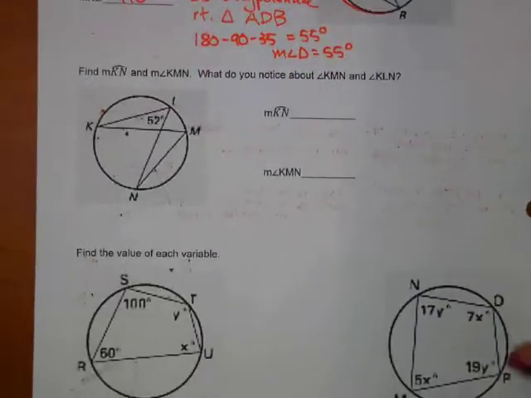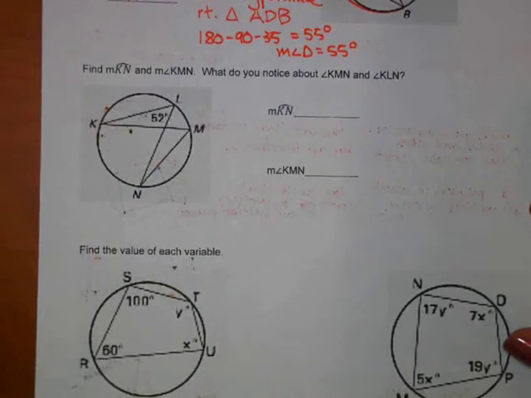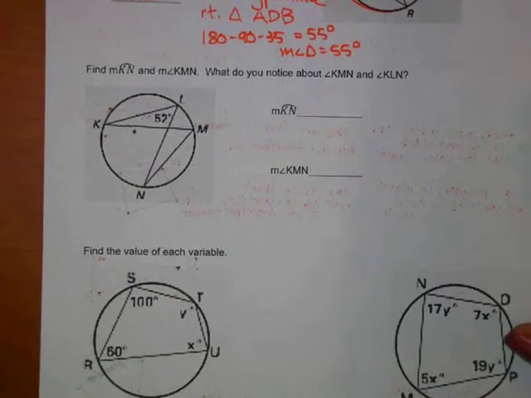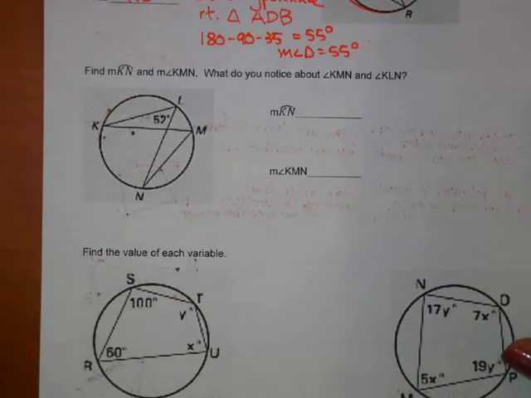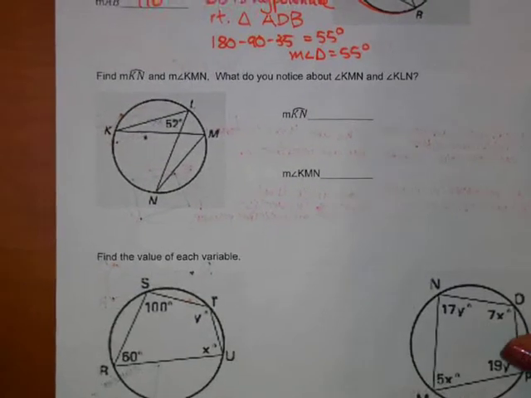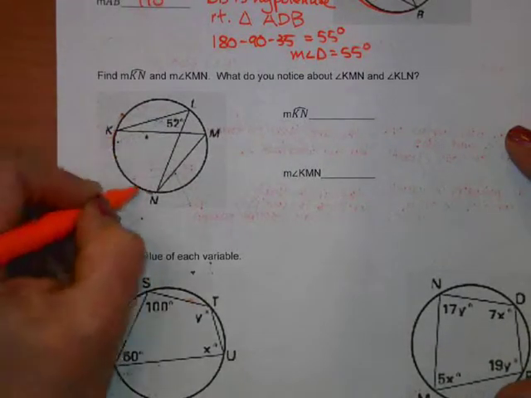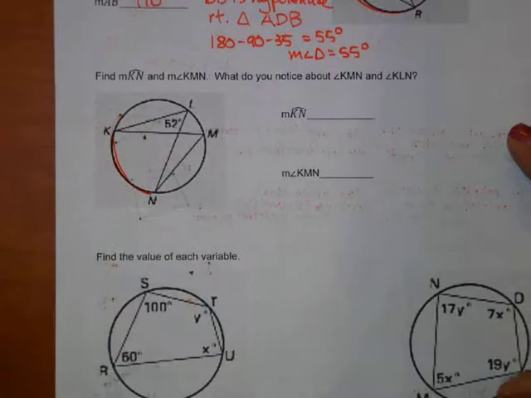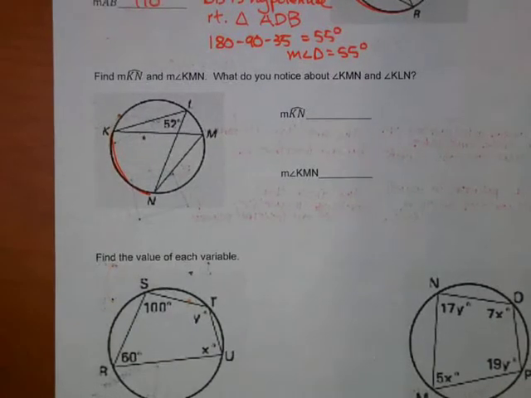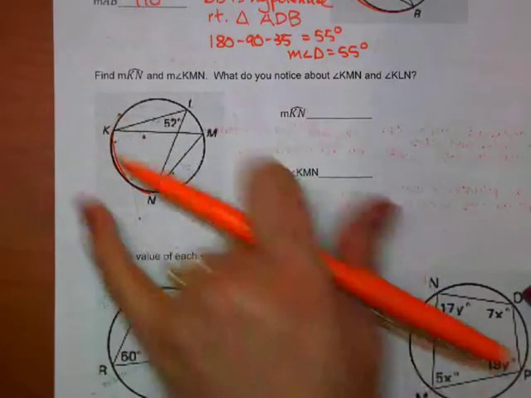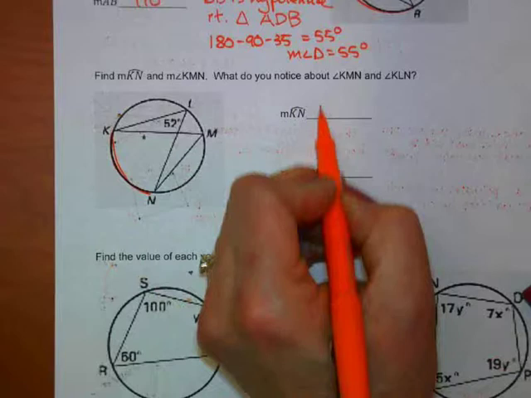All righty. Find the measure of arc KN and the measure of angle KMN. What do you notice about the angle KMN? If you look here, the marks. Oh, they're the same. Yeah. What's the measure of arc KN? This is 52, so KN has to be what? Double it, 104.